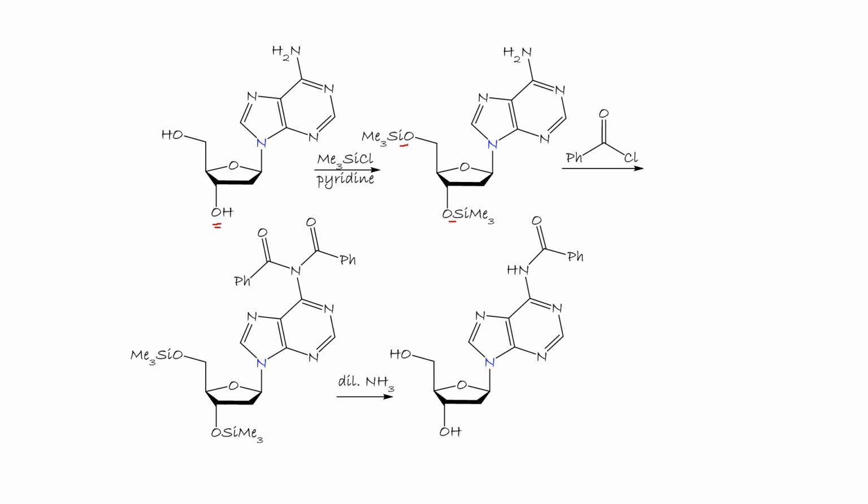Then we benzoylate the amino group with benzoyl chloride to obtain the dibenzoyl amide, followed by dilute ammonia to get the monobenzoyl amide. The advantage of this method is that silylation and benzoylation can be carried out in a single reaction vessel without isolation or purification of the intermediate silylated nucleosides, so it's a one-pot reaction.